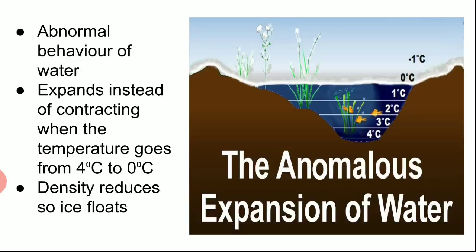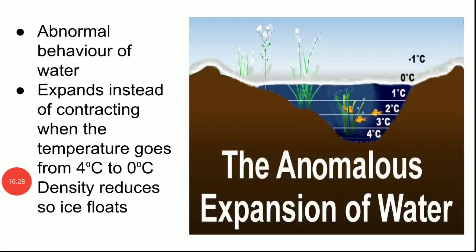Abnormal behavior of water. Now, anomalous expansion of water. What exactly does this term mean? Anomalous means abnormal. Now, we have seen in quite cold regions that ice is formed on the top layer of the water and down the water remains in the liquid state, wherein the aquatic life or marine life is found.